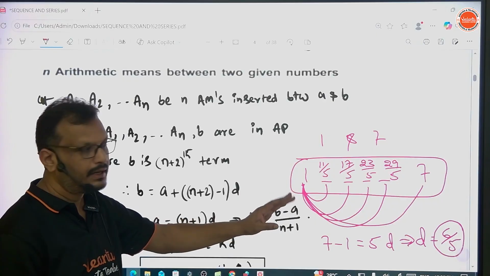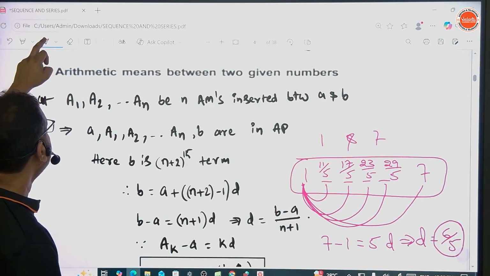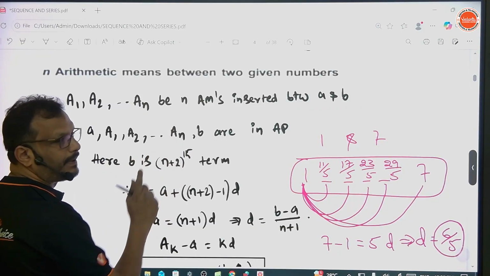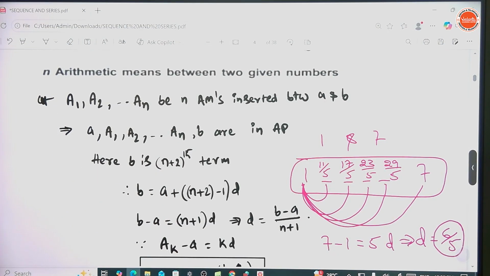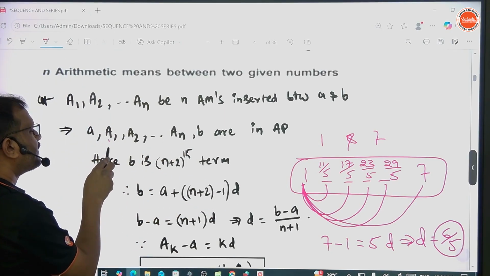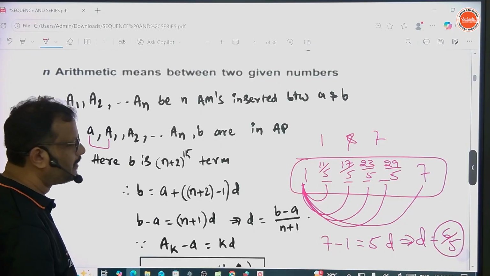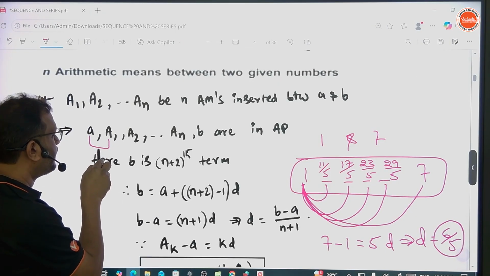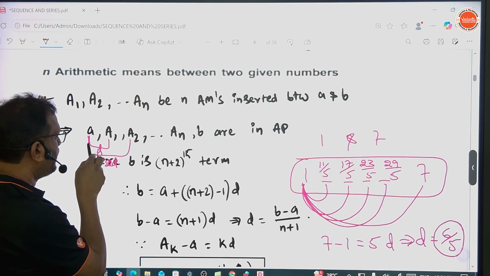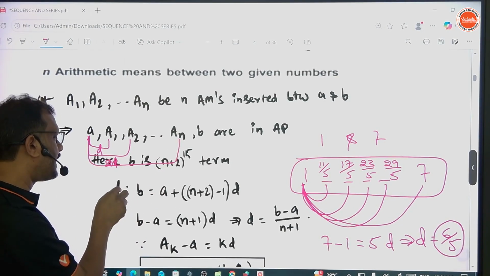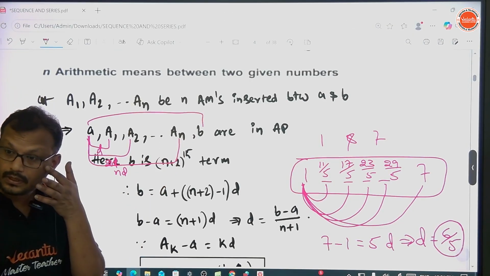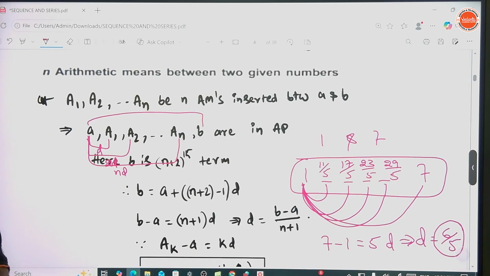So generally, we'll see now. This is just an example, right? So if there are n terms, for example, in between A and B, so that the whole sequence must be in AP. Got it, no? Let me tell you now, what is the difference of these two? Same format we will follow. This, D. What is the difference of these two? 2D. Difference of these two? nD. Next, difference of these two? n plus 1 into D. Increasing, no?